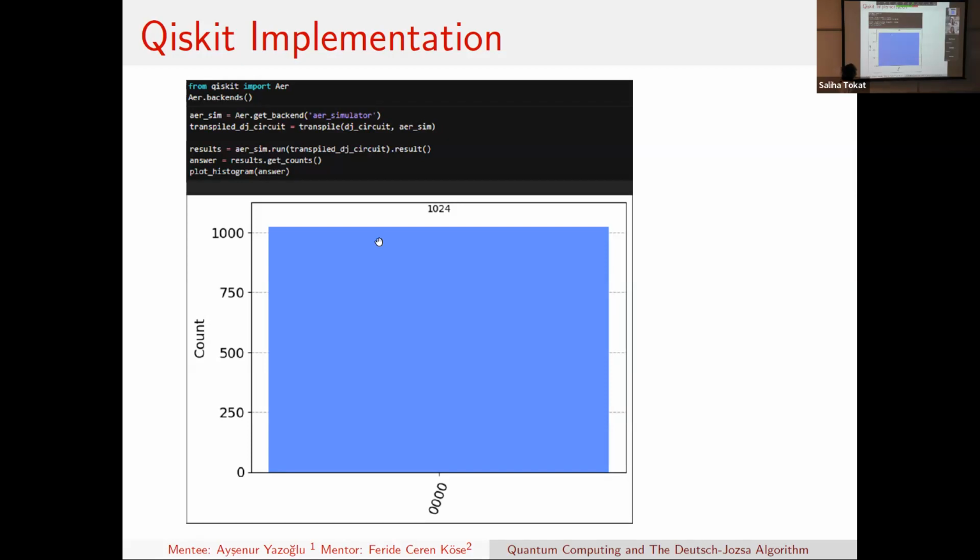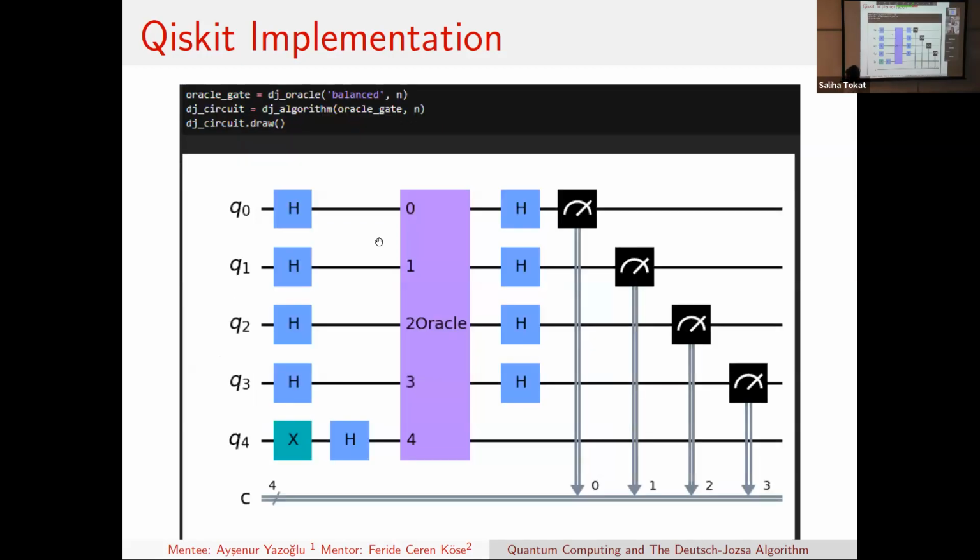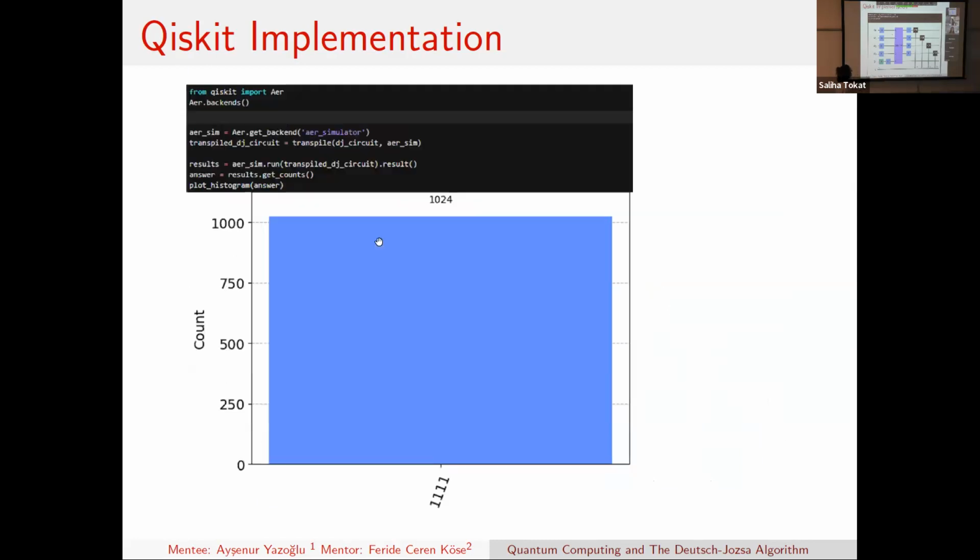If the function is balanced, what we have after simulation is state 1 with 100% probability.